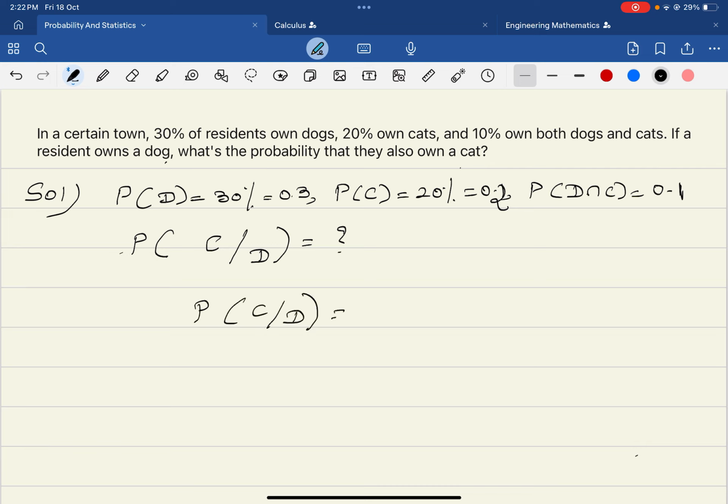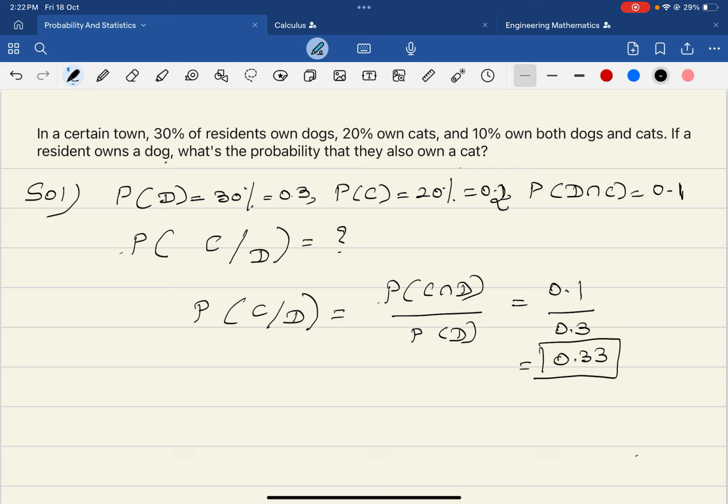P of C given D is given by the formula P of C intersection D over P of D, and P of C intersection D is 0.1, over P of D, which is 0.3, and that gives you around 0.333. So this is the probability that they own a cat given that they own a dog.